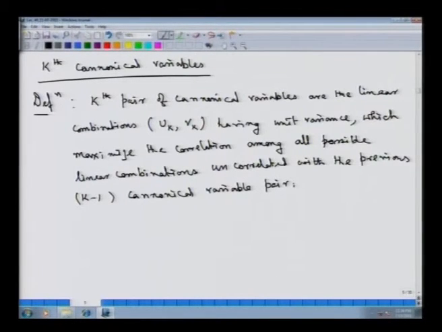So, this is how the pairs of canonical variables are actually obtained.